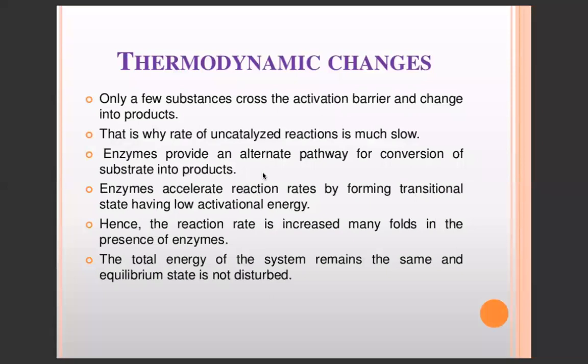By adding an enzyme, the turnover of that substrate, how much that substrate is converted to its product, increases. That is simply the meaning of turnover. The total energy of the system remains the same and the equilibrium state is not disturbed.